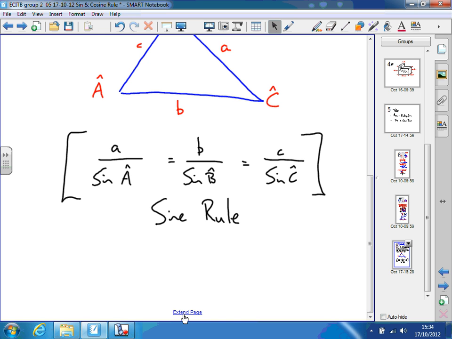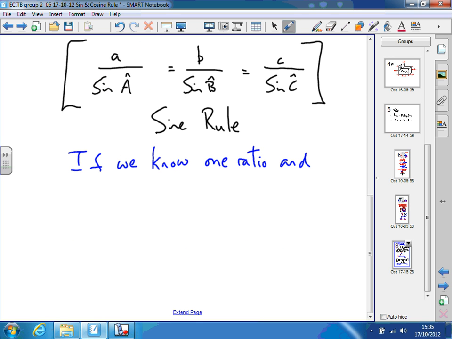So, we use this rule if we know one of the ratios. If we know a ratio, we can use the rule. And that's the acid test. If we know one ratio and another value, i.e. another angle or another side, one other value, we can use the sine rule.